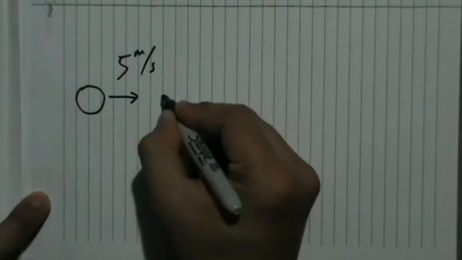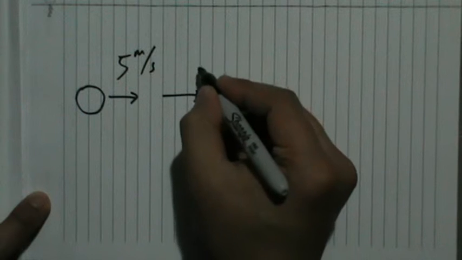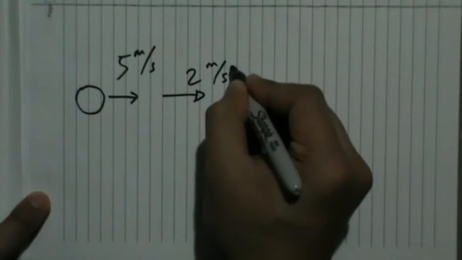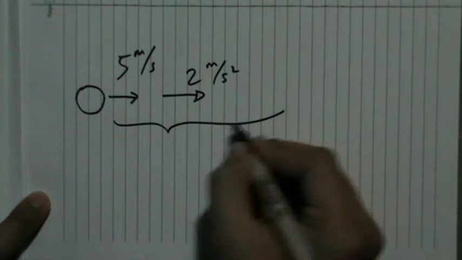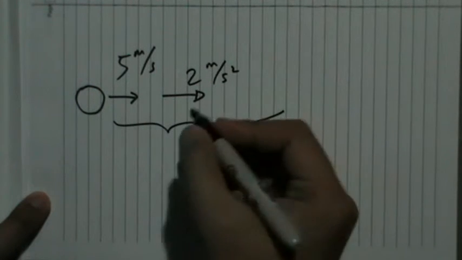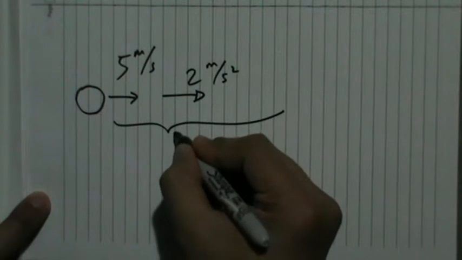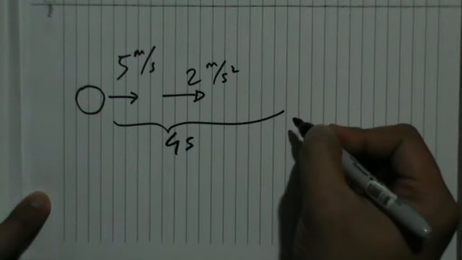Now, if I have an object that has an initial speed, let's say 5 meters per second, and then it's accelerated 2 meters per second squared, and we are asked to find the distance after it travels 4 seconds.